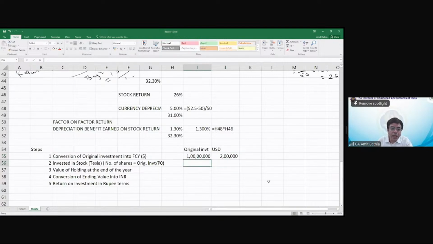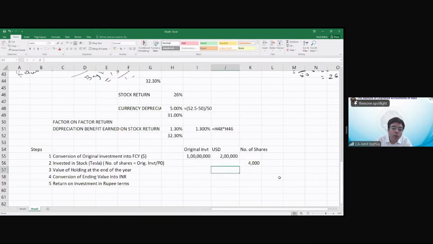Now, next, I invested that in the shares. So, how many shares did I get over here? 2 lakhs divided by, what is the price of the share? $50 per share. So, I got 4,000 shares. So far, so good, right?